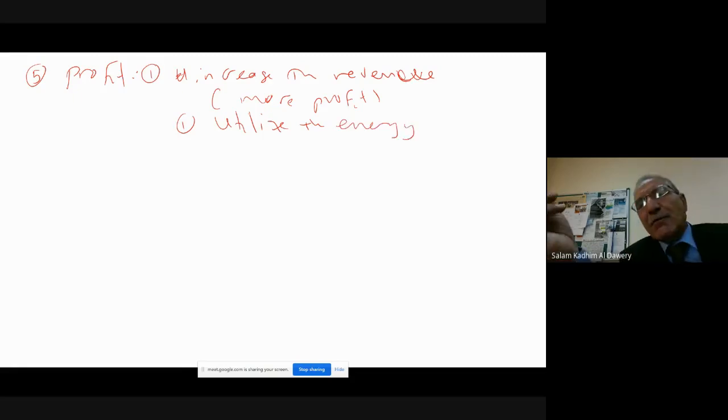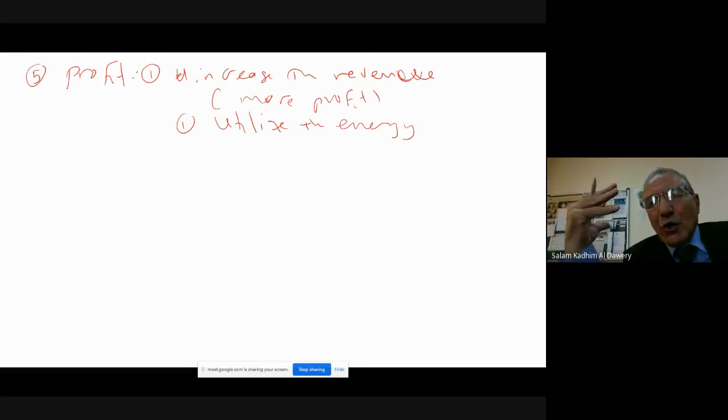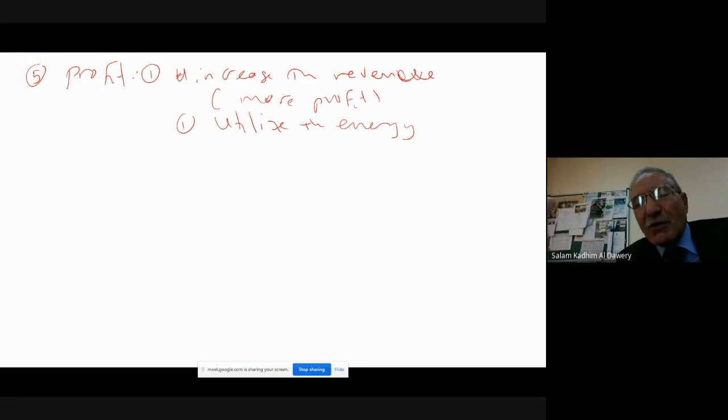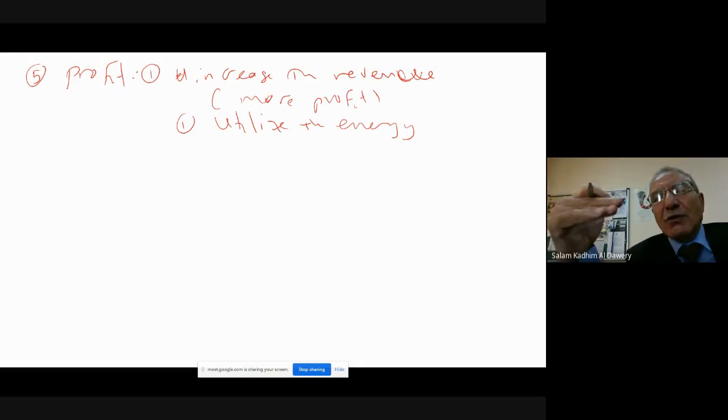So for example, if you have a process you would like to heat, you might use the top part of the distillation column and utilize the energy of that steam, right? We have a heat exchanger to condense the vapor on the top, so we can use that as a source of energy. In this case, you utilize the energy and reduce the cost of operation.